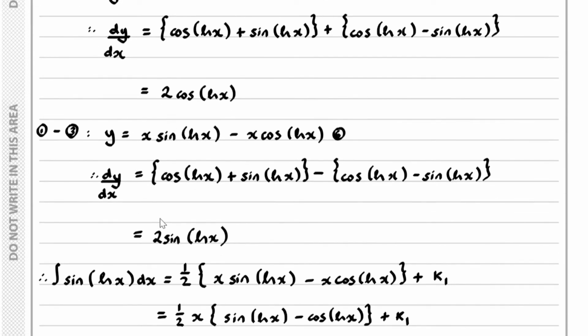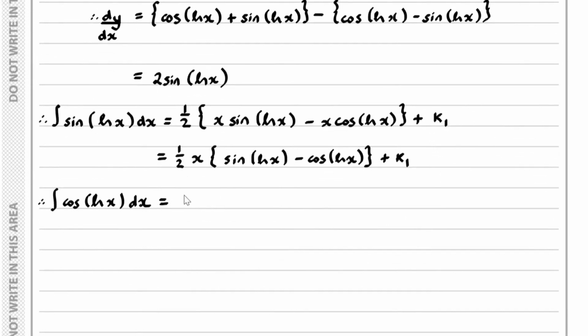But I've got half of that because I've only got a single cos. So I've got 1/2 multiplied by x times the sine of the natural log of x plus x times the cos of natural log x plus k2.